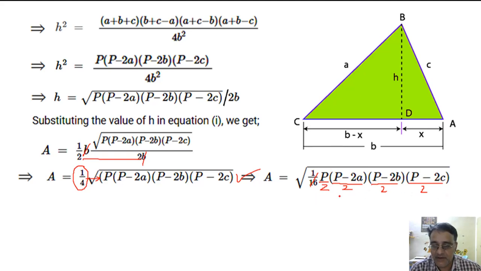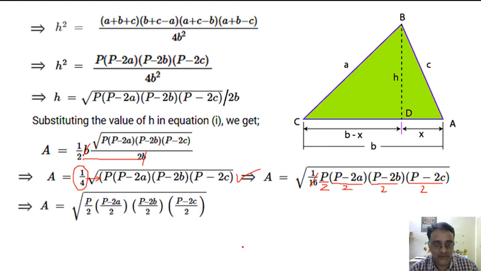Yes, sir. And what is p by 2? Semi-perimeter, half of the perimeter. So p by 2 is nothing but s. Right. So if you split up this one, what will you get? p by 2 minus a.